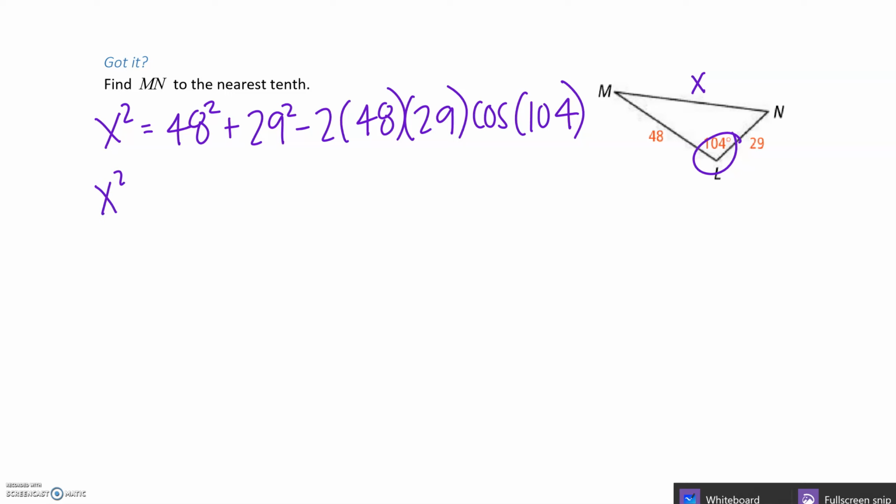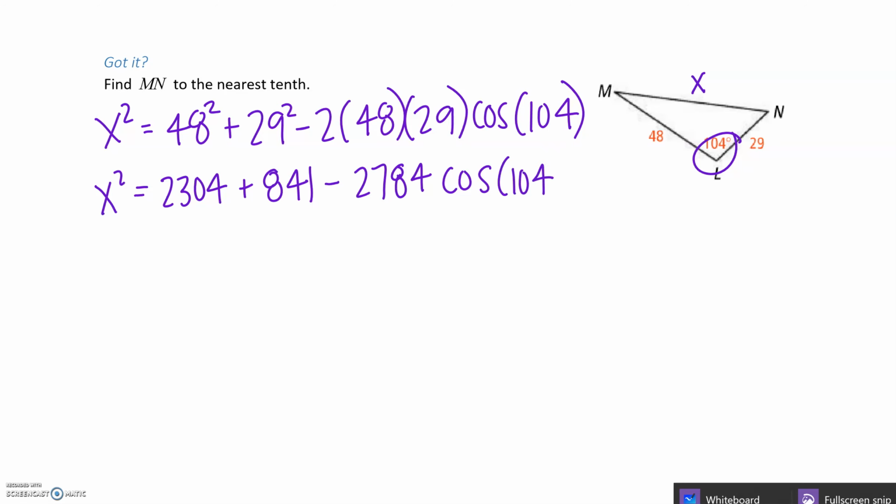So we've got x squared equals 48 squared is 2,304 plus 29 squared, which is 841, minus 2 times 48 times 29. In our calculator, that gives us 2,784, and we have cosine of that angle, which is 104.